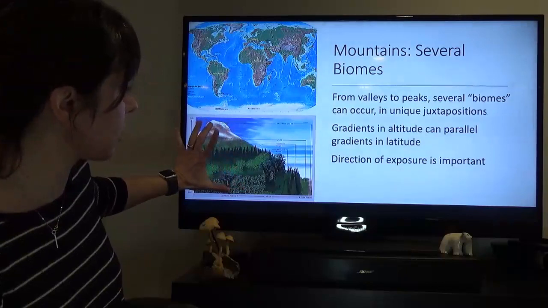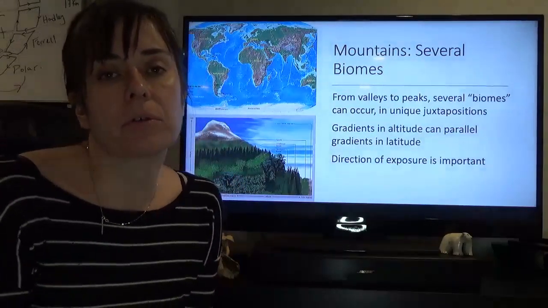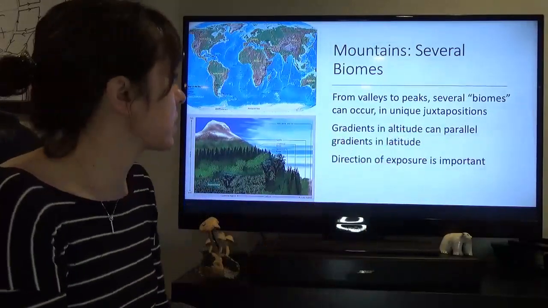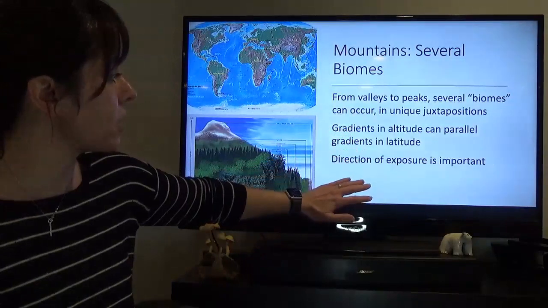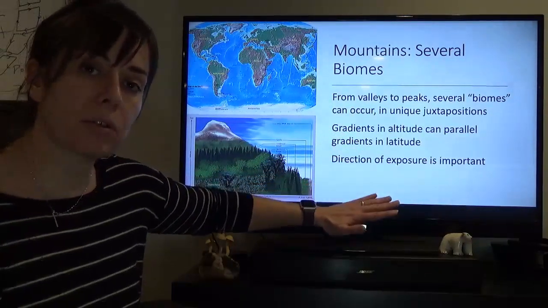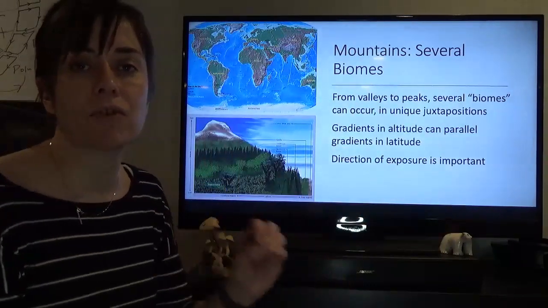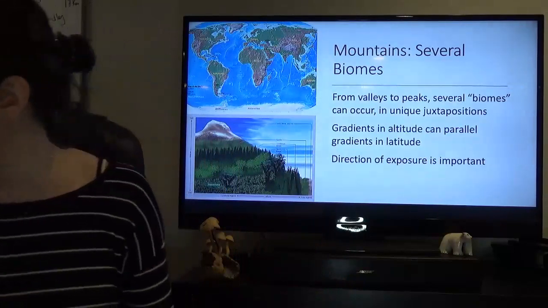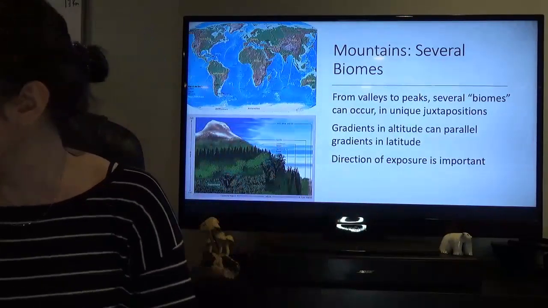So this is like a compressed version of the latitudinal gradient in the northern hemisphere, like in Canada, for example. So these gradients in altitude can parallel gradients in latitude. The direction of the exposure is really important. Whether you're north facing, south facing, this dictates the type of vegetation and the kinds of transitions you're going to see moving up that mountain face. And you can have very different vegetation communities on one side of the mountain and the other.